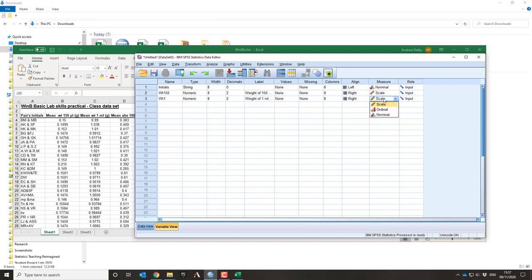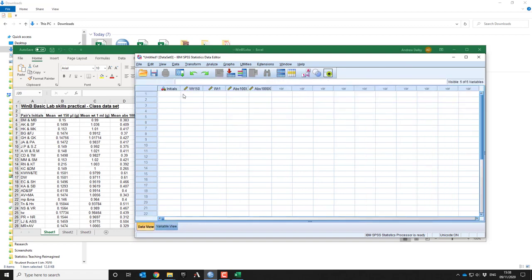These are by scales. This is the absorbance of 100x, and the next one is the absorbance of 1000x. So all of these are going to be numerics.